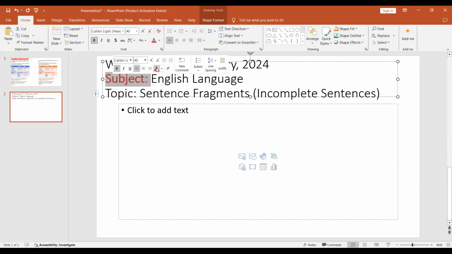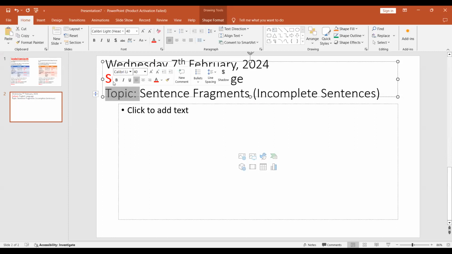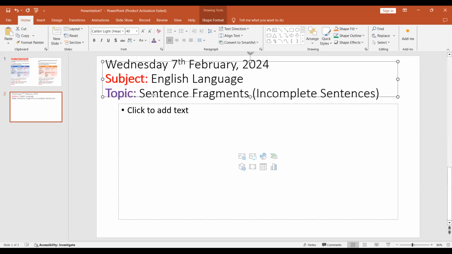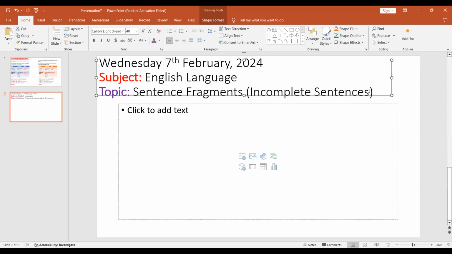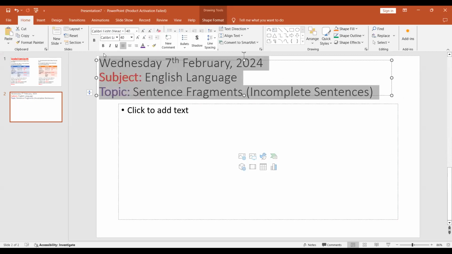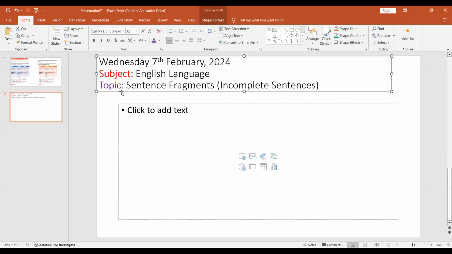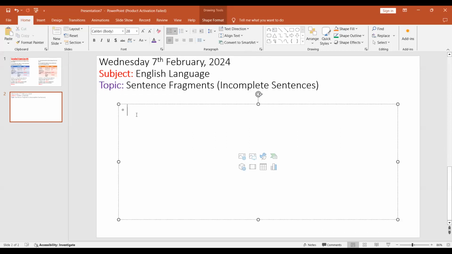So we're going to define it, and then I'm going to give you some examples to see if you can identify it, and then we're going to have a great exercise based on it. Let's begin with the definition. A fragment is an incomplete sentence.